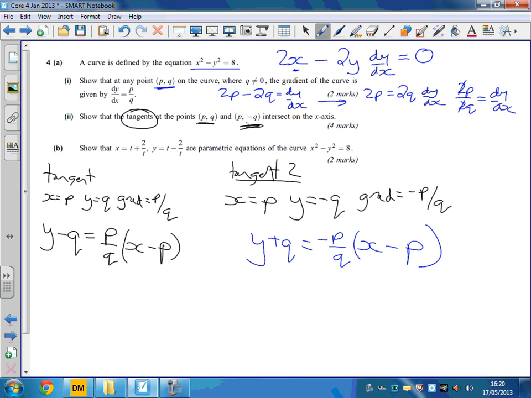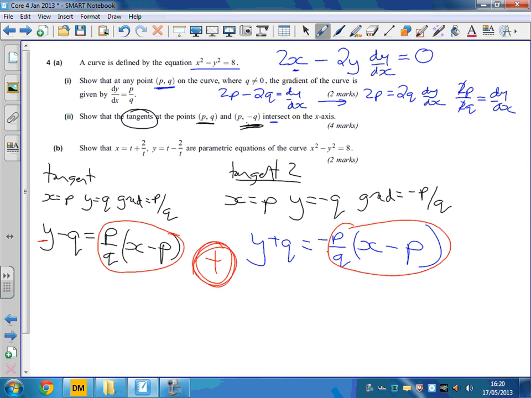Now these two things are meeting, so we want to solve these simultaneous equations. They intersect. Solving these ones, a nice thing to spot is that this thing here is exactly the same as this thing here, but this one's negative. So if we add both of these two equations together, they're going to cancel each other out.